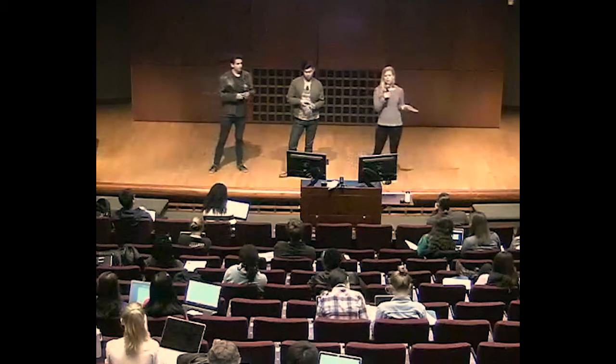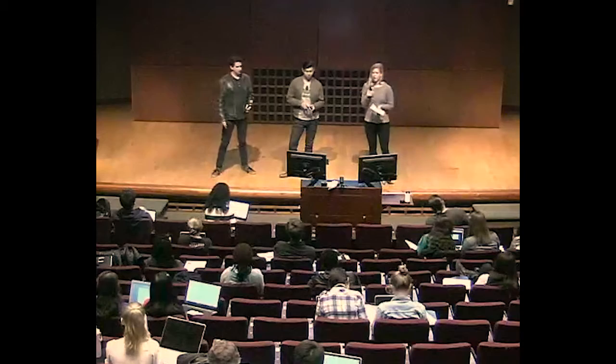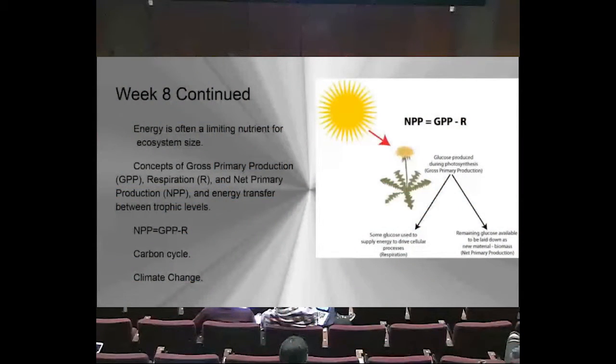The other thing to go over is the NPP, GPP, and R equation, which is summarized. Basically, you have the total possible energy, then the organism uses some for respiration, and the NPP is what's left for them to pass on in some way to the system. And energy is a limiting nutrient for an ecosystem size.